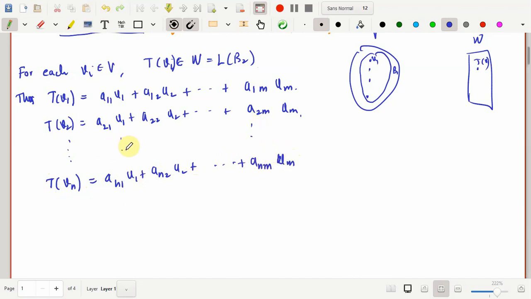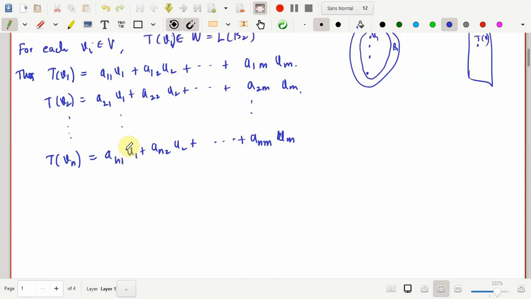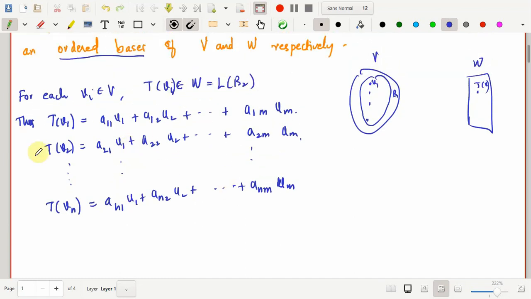Now constructing a matrix from here is a very simple task. This is a system of equations that I'm getting, and the matrix is constructed from the right hand side. If you collect the coefficient of each ui from each of these equations, you will get a matrix a11, a12, a1m, then a21, a22, a2m, and this goes on till an1 till anm.